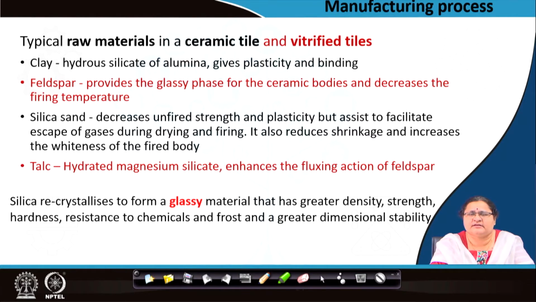That makes the vitrified tiles more rigid, more strong, and also they get a white color, unlike clay tiles, which are red in color. I will show you pictures later.